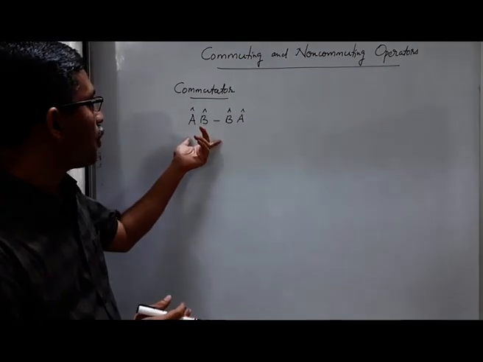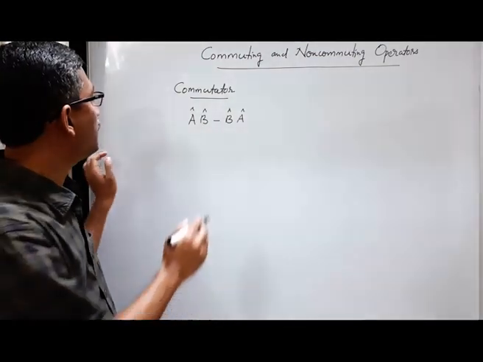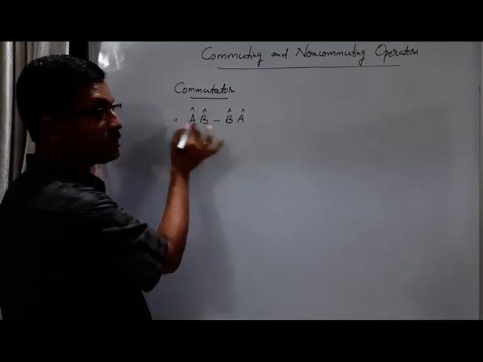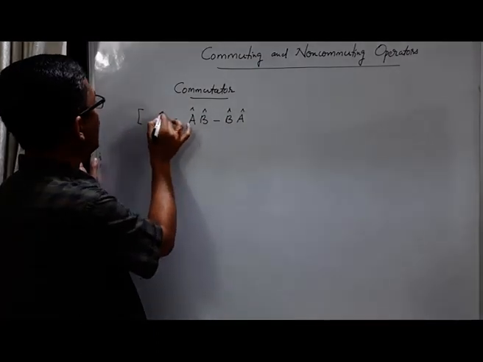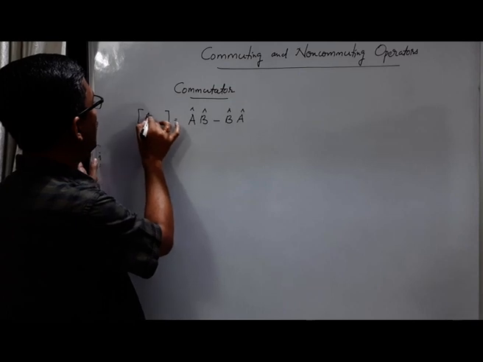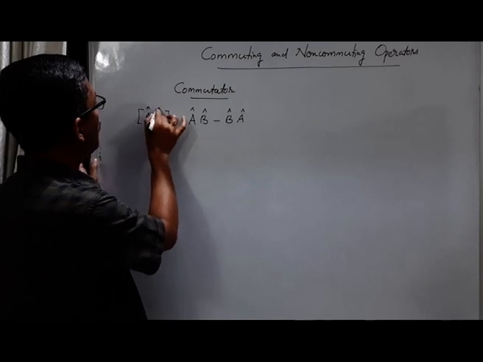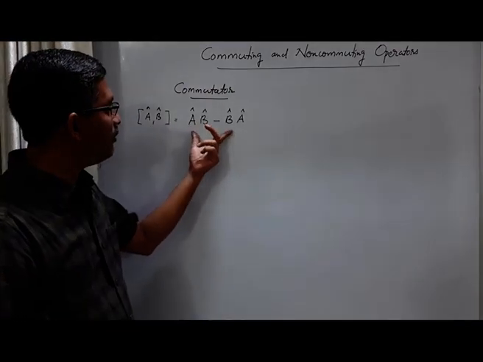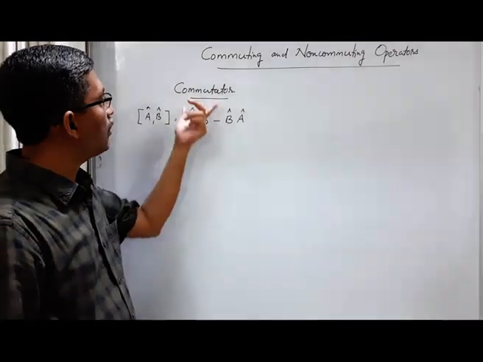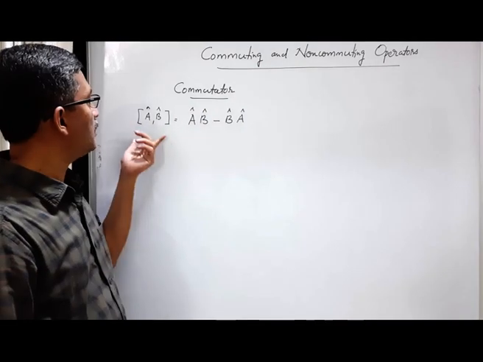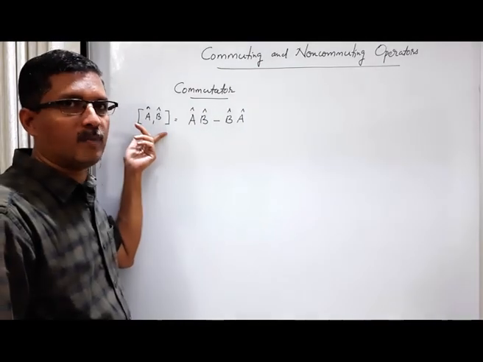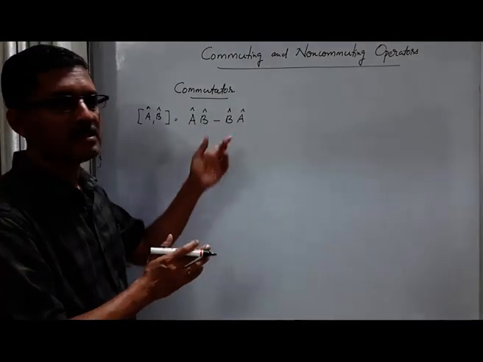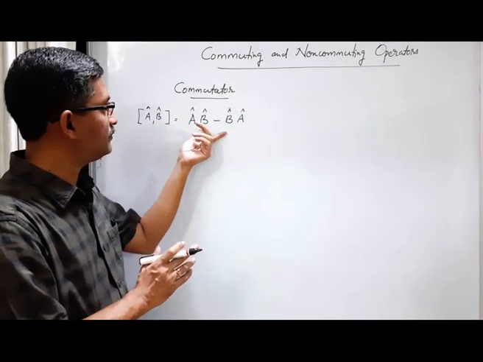We give a shorthand notation for this AB minus BA. It is defined using the notation square bracket A comma B. This quantity AB minus BA is called the commutator, and this is the shorthand notation for the commutator. Square bracket A comma B means AB minus BA.